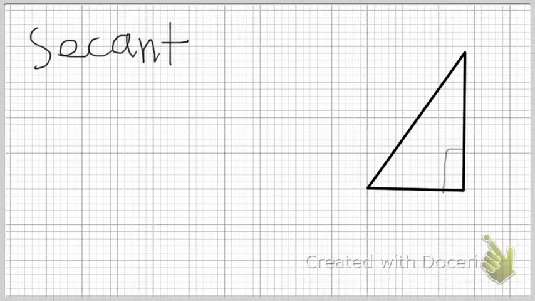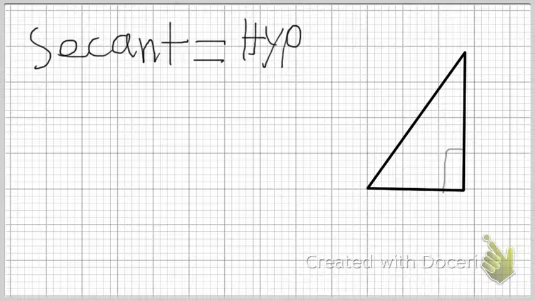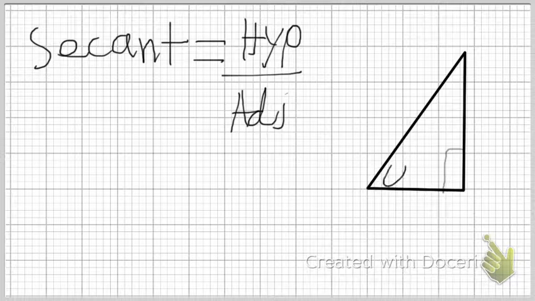Now for secant. Secant is 1 over cosine, which is hypotenuse over adjacent. So this is theta. And 9, 3, 4.